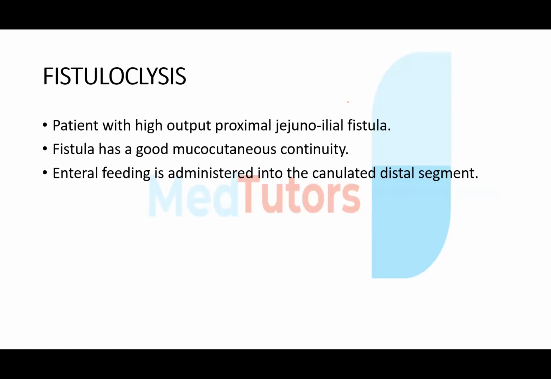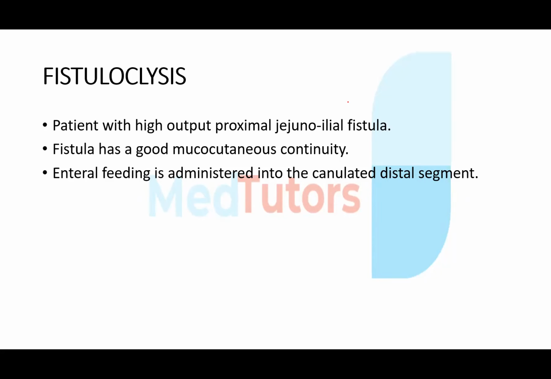non-operatively. This concept of fistuloclysis is also very important, especially in a patient with a high output proximal, jejunal, or ileal fistula, which has a good mucocutaneous continuity. You should know that the stomas can be intubated, and this effluent can be collected and infused as enteral feeding into the distal segment, because this effluent contains a lot of fluid, electrolytes, and nutritional content.